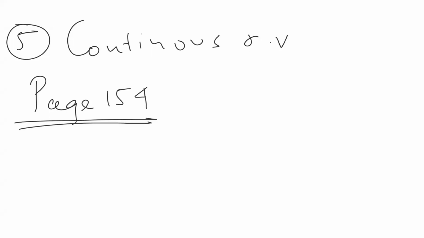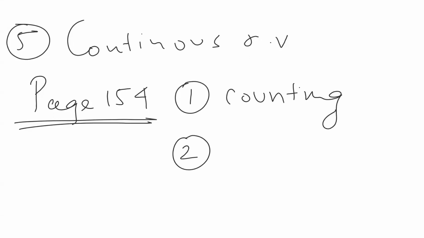Fill in the blanks. Question number 1. The values of discrete random variable are generally obtained by counting. Okay, and question number 2, in the fill in the blanks, the values of continuous random variables are generally obtained by measuring.